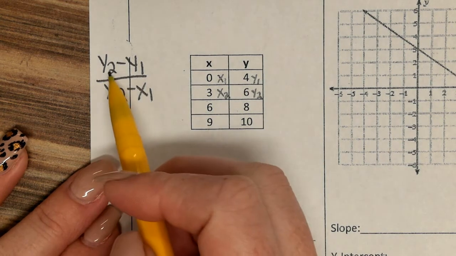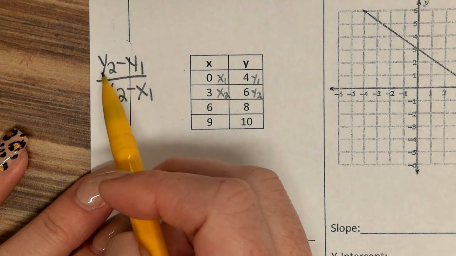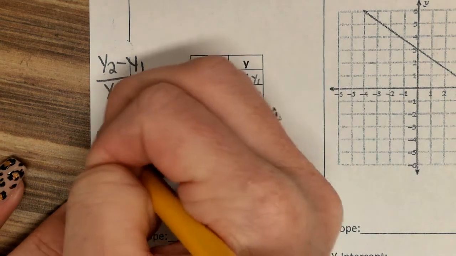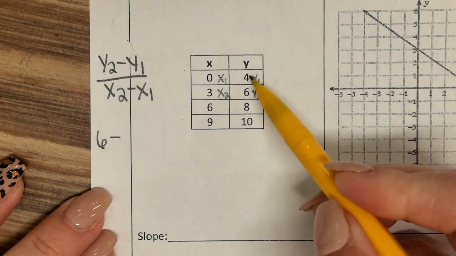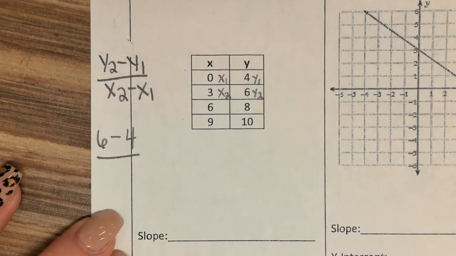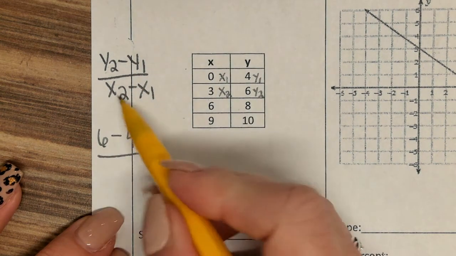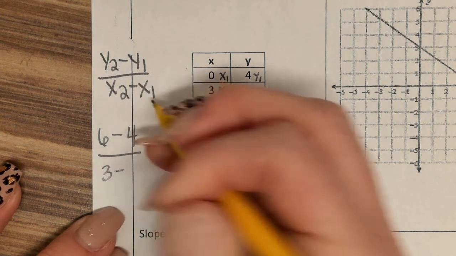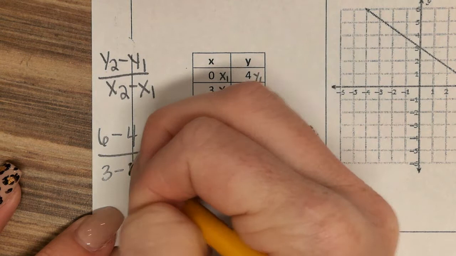The formula says y2 at the top left. So which number would I write? 6 minus y1. So what number am I going to write? 4. Over, and then x2 has to go on the bottom left. So 3 minus x1, which is 0.